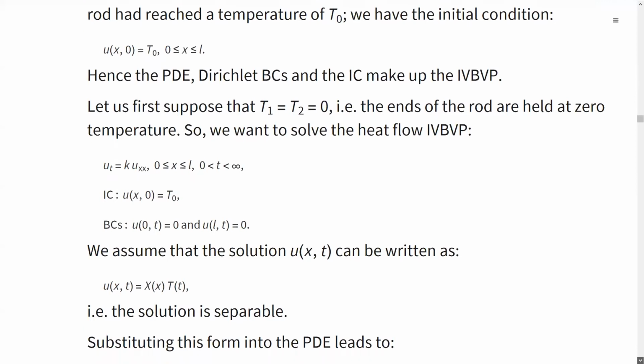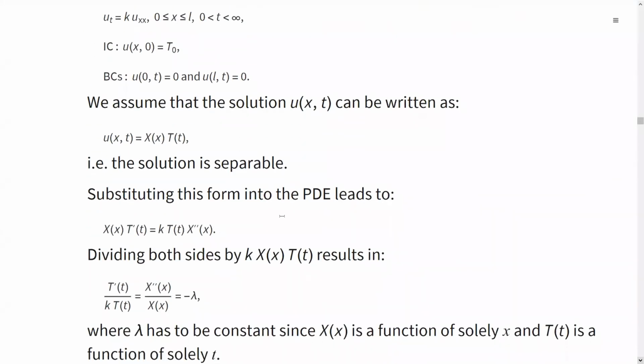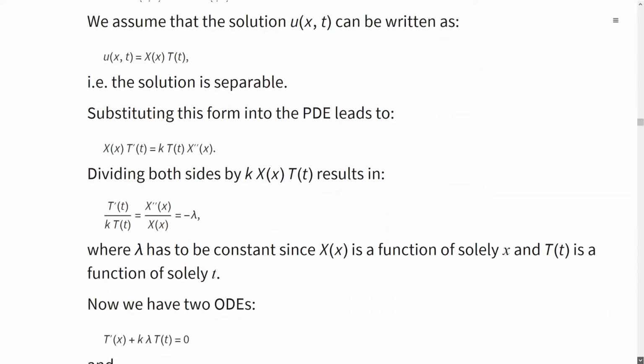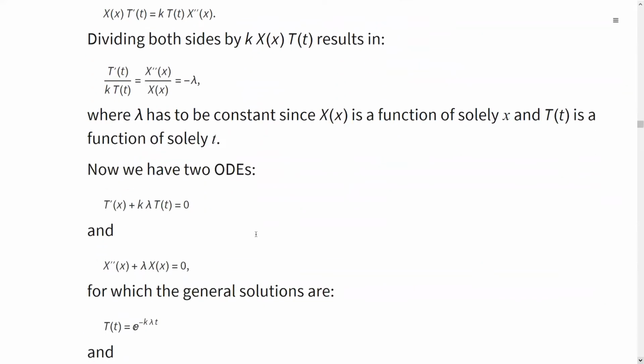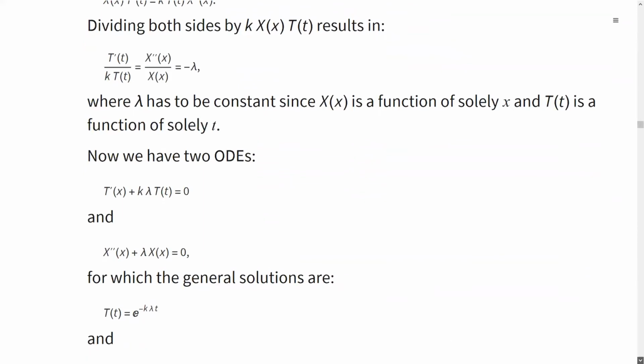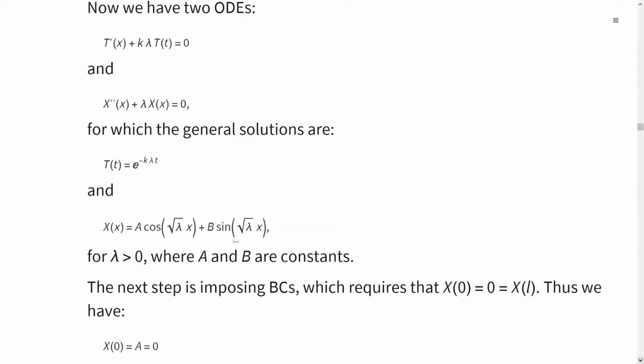So if we substitute this form into the PDE, we get this. And if we divide both sides by k times X times T, we get this. So we now have two ODEs, one for T and one for X. And for T, the solution is this, and for X, the solution is this, when lambda is greater than 0.